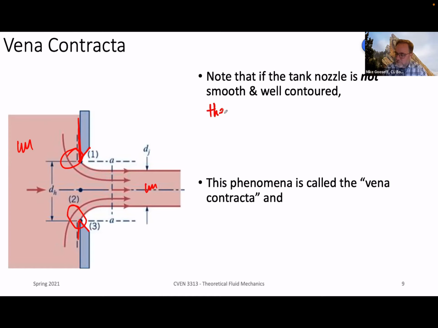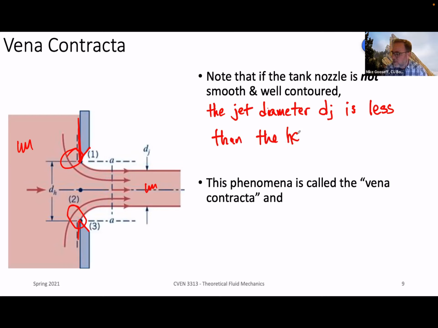The jet diameter, which we have noted here as D sub j, will be less than the hole diameter, which is D sub h.